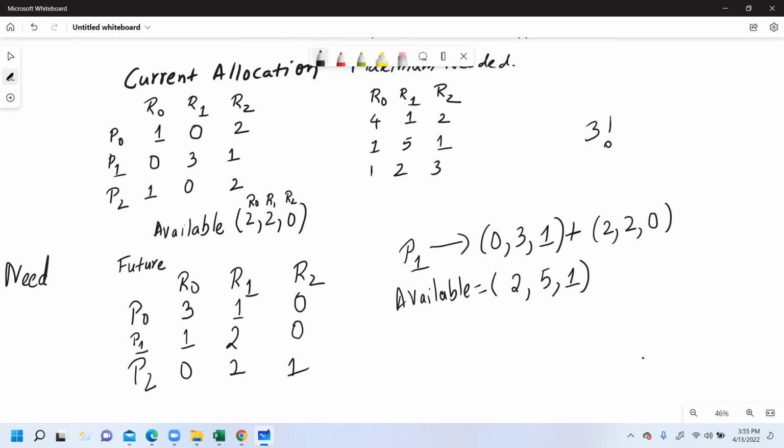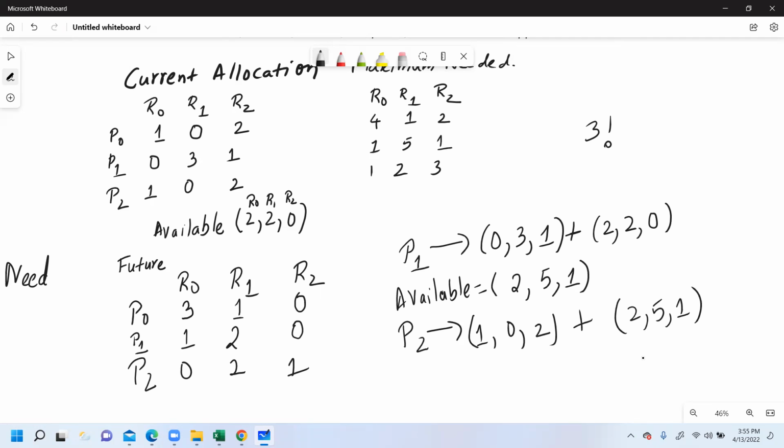So I want to try with P2, because P1 is already completed, so we don't have to care. Can I meet the resource requirement of P2? Yes. P2 is currently holding 1, 0, 2. After P2 completes, I have to add.